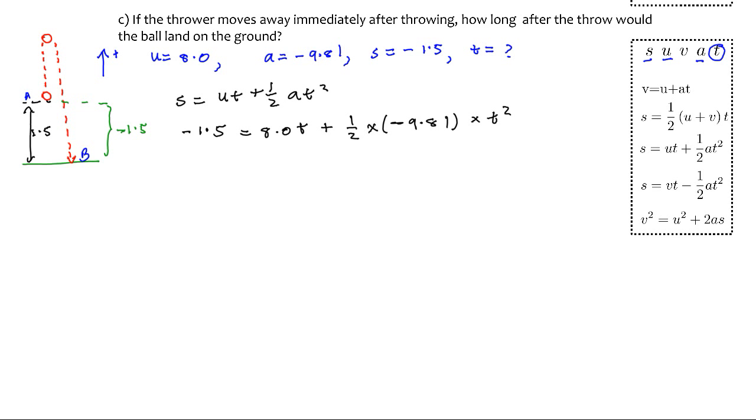I will write all of this again. I can write all of this as minus 1.5 is equal to 8t minus, so 9.81 divided by 2 is 4.91, minus 4.91 t squared, and here we have a quadratic equation.